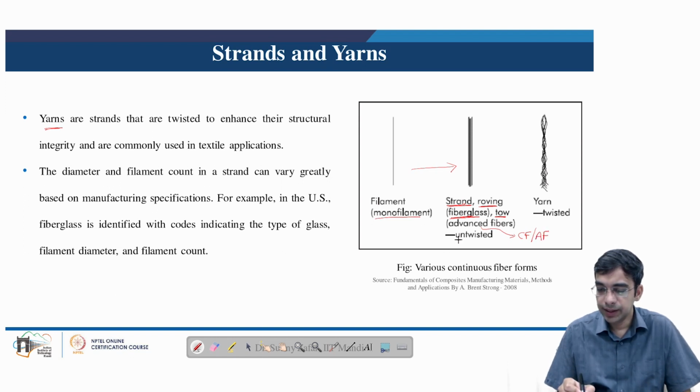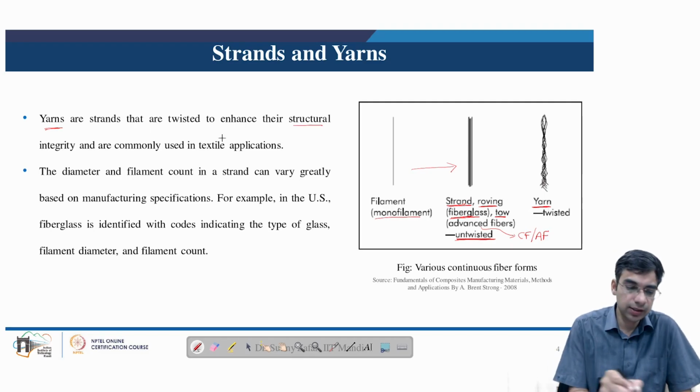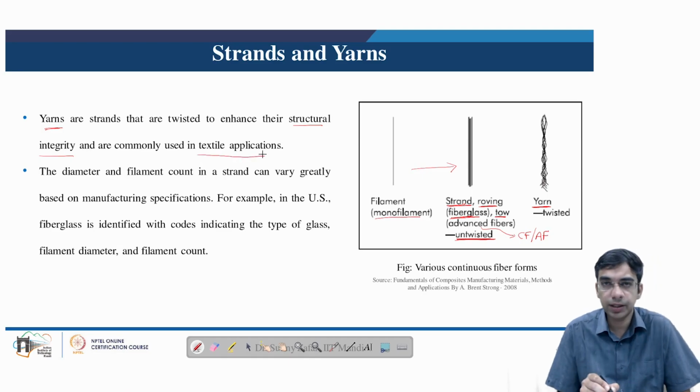In several cases, the strands are untwisted. But when we twist these strands, this becomes yarn. Twisting basically enhances the structural integrity and is commonly used in textile applications such as geotextiles.